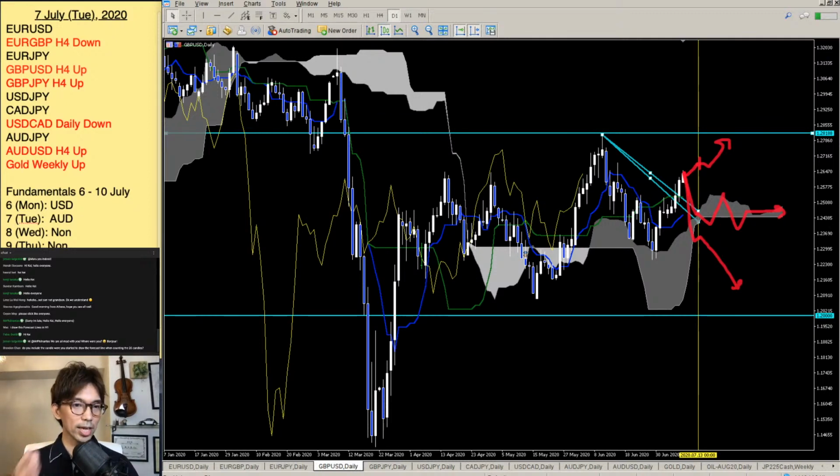So I don't recommend drawing these lines on these smaller time frames, but if you start from the daily chart or above, weekly or monthly chart, that will be better. And once you get used to it, then you can start to use these forecast lines on the 4-hour chart or 1-hour chart and try to look at the market that way too.